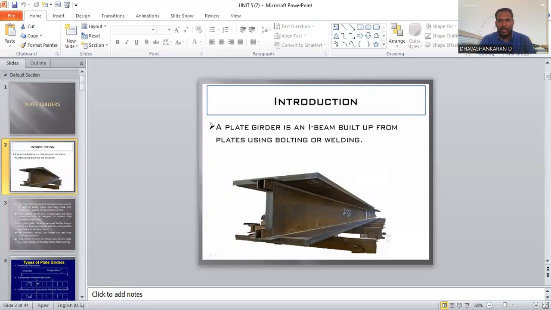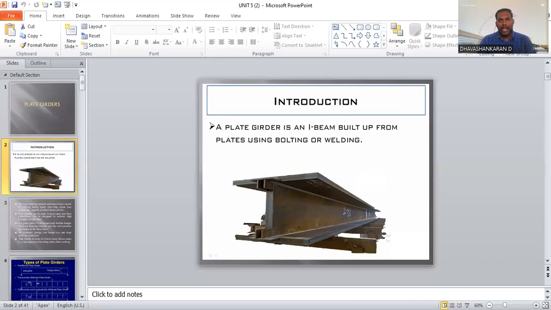The high bending moment and shear force caused by carrying heavy load over a long span may exceed the capacity of a rolled beam section. Plate girders are used in such cases. Their proportions can be designed to achieve a high strength-to-weight ratio.